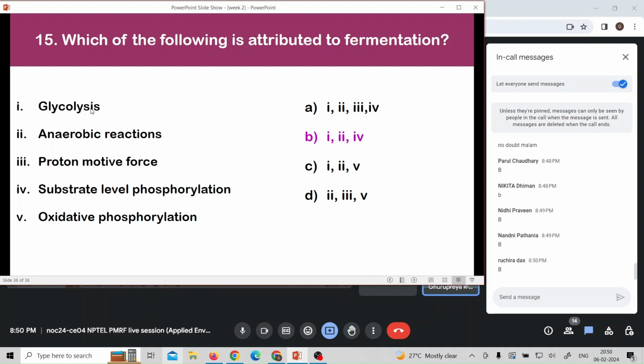Glycolysis, anaerobic reactions, and substrate level phosphorylation attribute to fermentation. Why not proton motive force and oxidative phosphorylation? What do they attribute to then, if not fermentation?